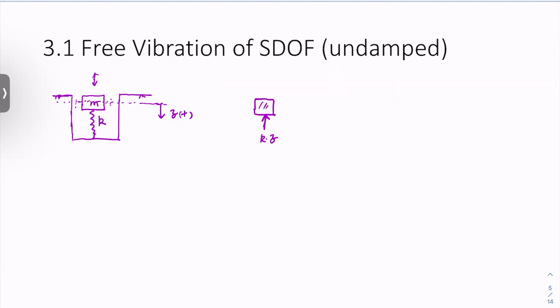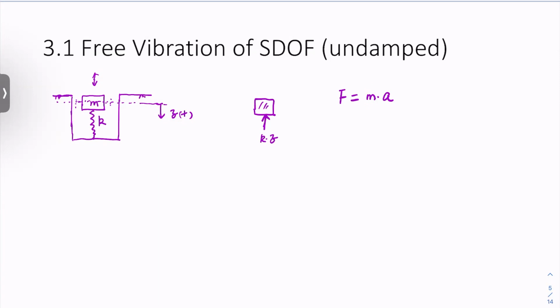So push this down, your z is positive. If you let it go, according to Newton's second law, F is m times a. What is a? Acceleration, right? That's nice.